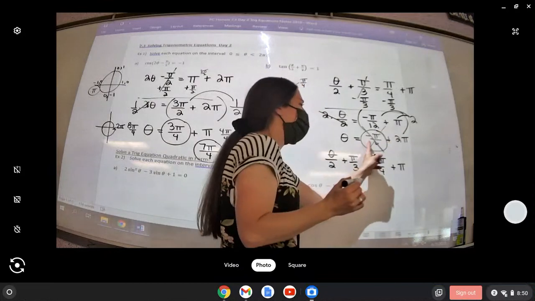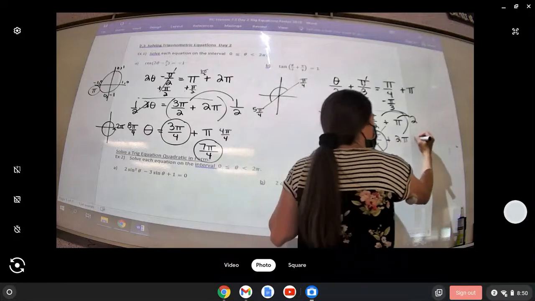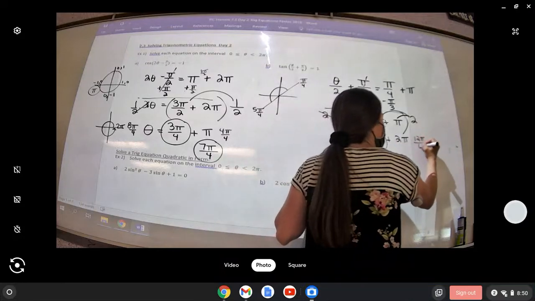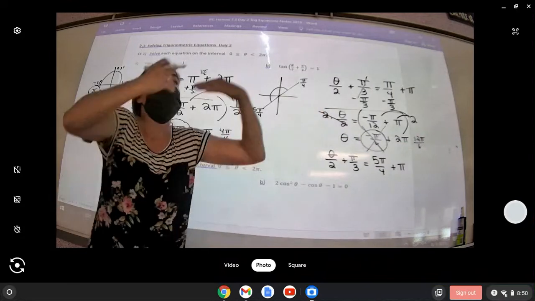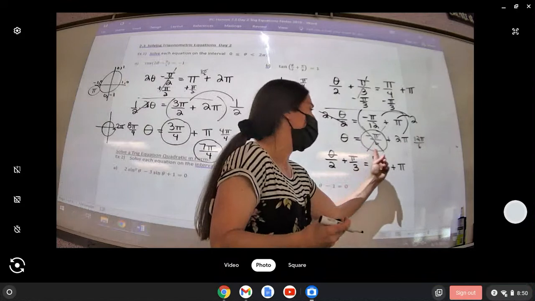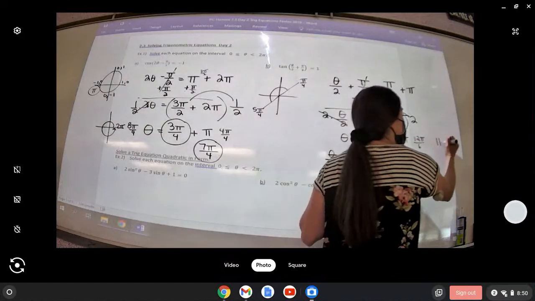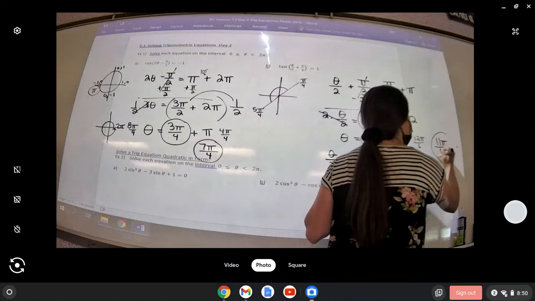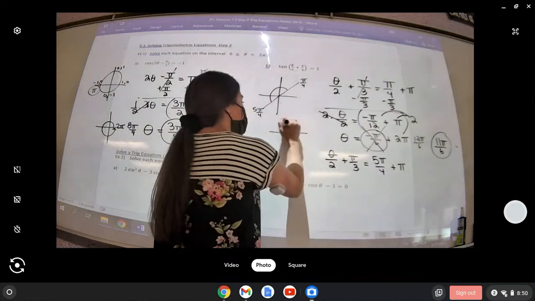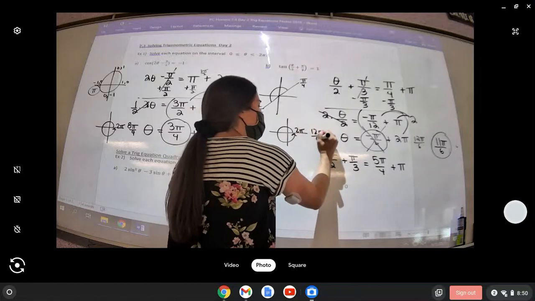All right, so we have to take negative pi over 6 and add on the period of 2 pi. Well, 2 pi becomes, what, 12 pi's over 6 in the world of sixths? So now keep adding 12 pi's over 6 on. So guys, what's negative 1 pi over 6 plus 12 pi over 6? 11 pi's over 6. And if we're working from 0 to 2 pi, that takes 12 pi's over 6.